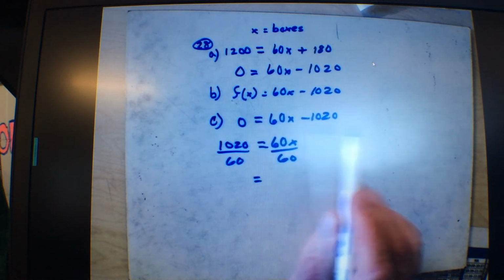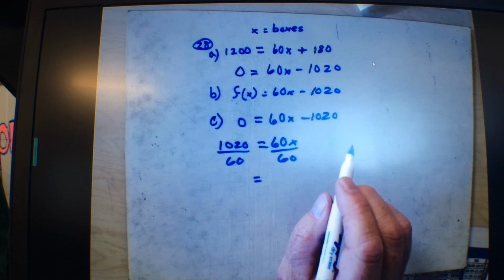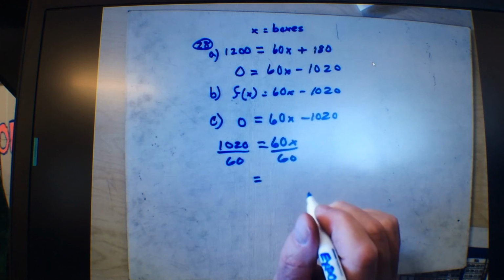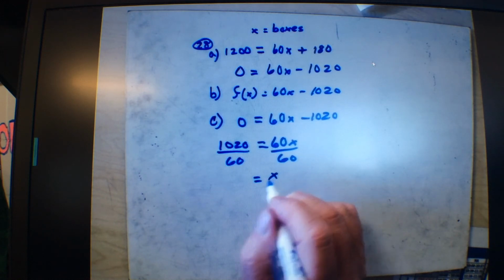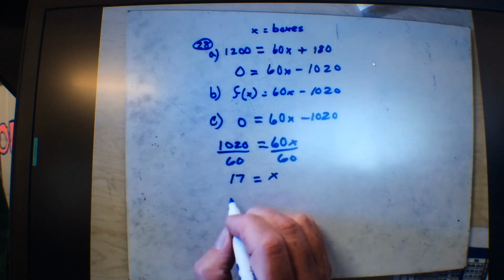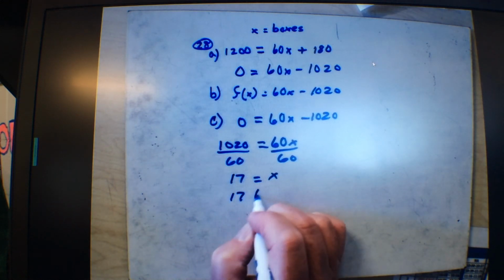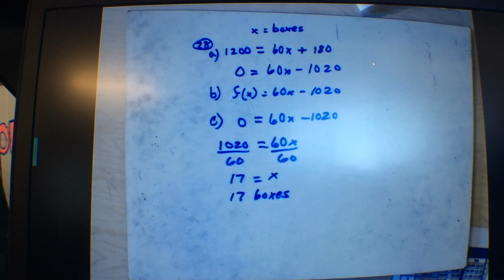No, once you move it over, it's positive. Okay. Right? Yes. So what's your answer? What's x? It's what? 17. It's 17. So how many boxes can he carry? What is the maximum amount? 17 boxes. 17 boxes. If it goes over that, he can't be on there. I mean, if he's lifting that much, he's a man, isn't he?